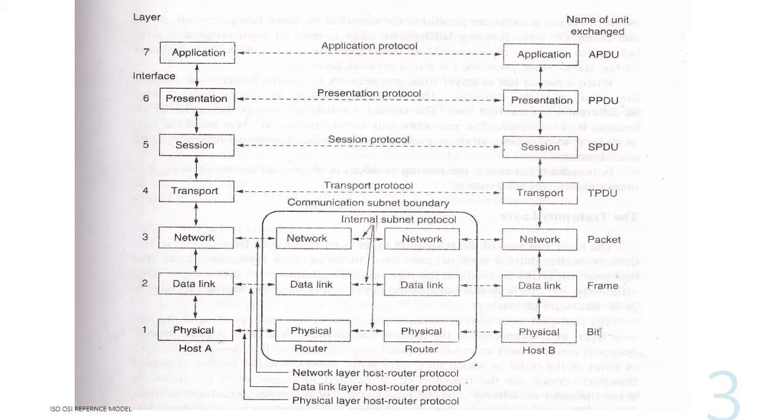Here, the data from the sender flows from the application layer down through presentation, session, transport, network, data link, and physical layer, and from the physical layer through a transmission medium, data is transmitted to the receiver, where the physical layer of the receiver receives the data and sends it to the next layers: data link layer, network layer, transport layer, session layer, presentation layer, application layer.